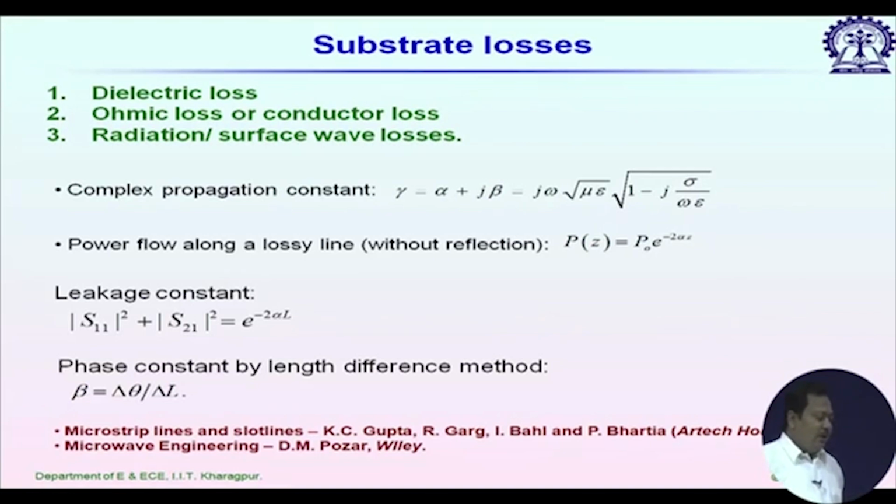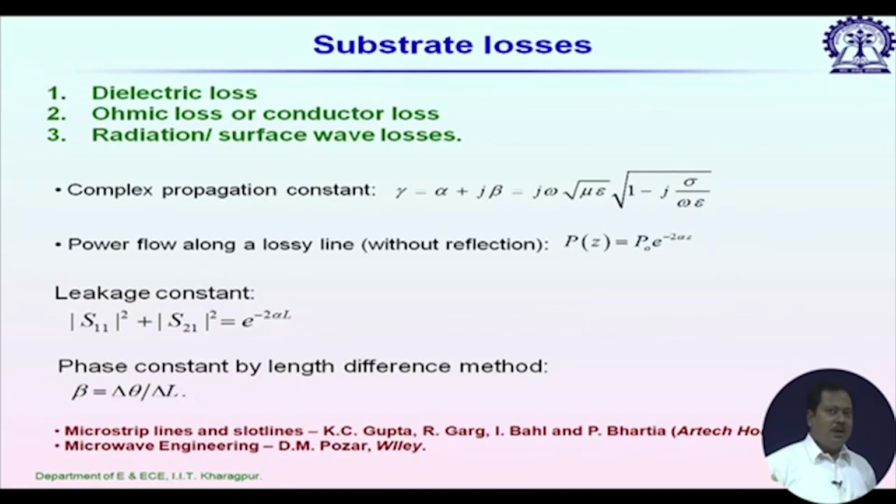If we design any wave guiding structure at millimeter wave frequencies, then obviously we have to use the complex propagation constant. We can't use the approximation of a lossless line. We have to consider both alpha and beta. Alpha represents the attenuation, and beta is the phase constant.